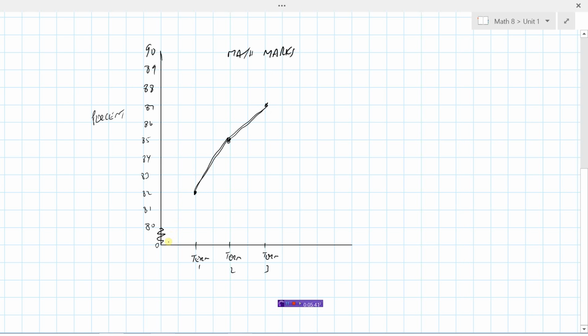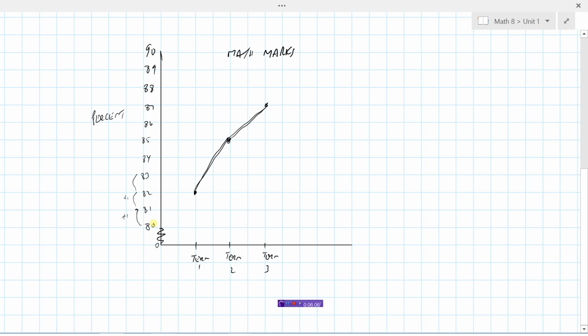So one way that graphs get misrepresented is when people take this axis and chunk part of it off by doing this little squiggle line here, and then start the axis again at a certain value. It's important to know that once you start your axis at 80, if I go up by 1 every square here, you must continue to go up by 1.